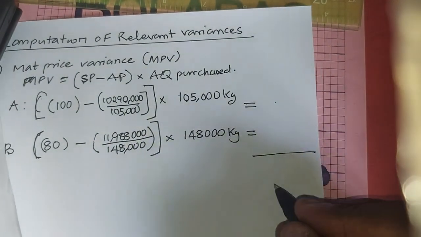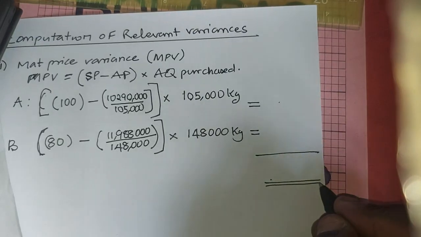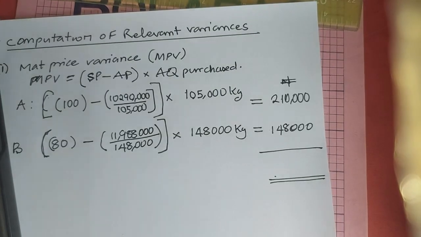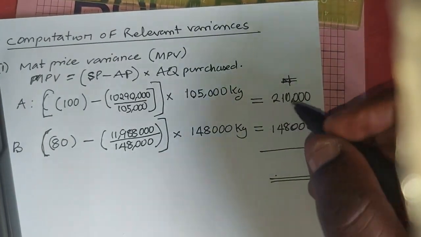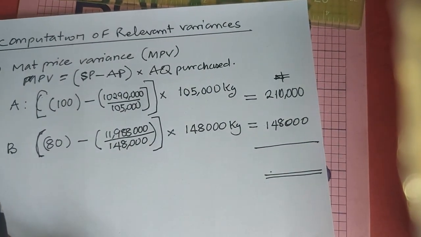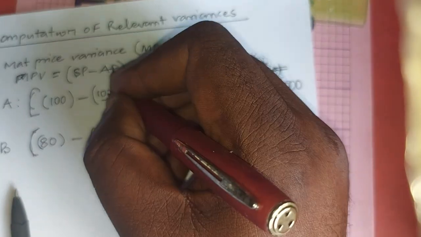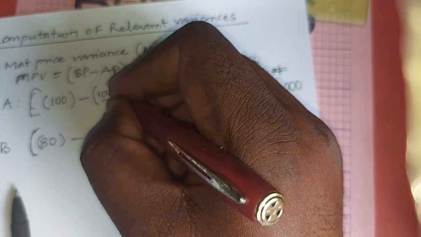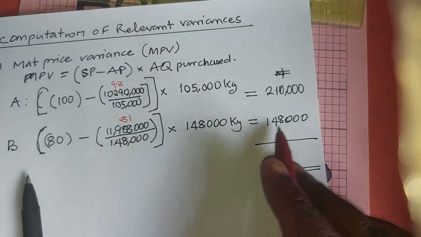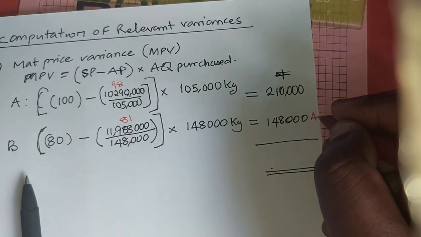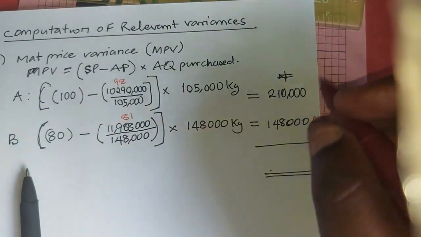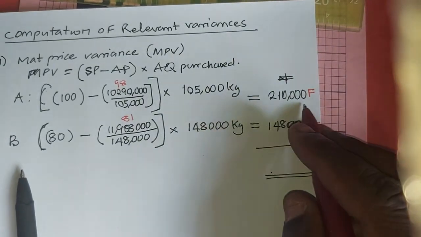Then at the end of the day, we need to add the figures. So by the time you calculate, you are going to have a figure here. You will observe that when you manipulate this, it gives 98, and this gives 81. Now your result here is adverse because it's going to give you a negative answer, and your result here is favorable because it's going to give you a positive answer.